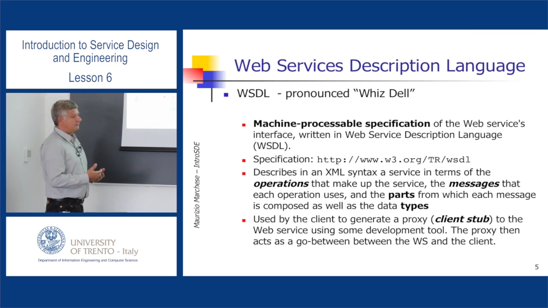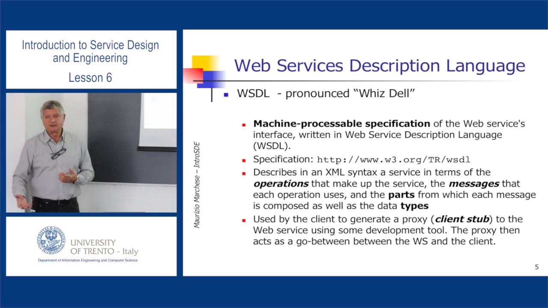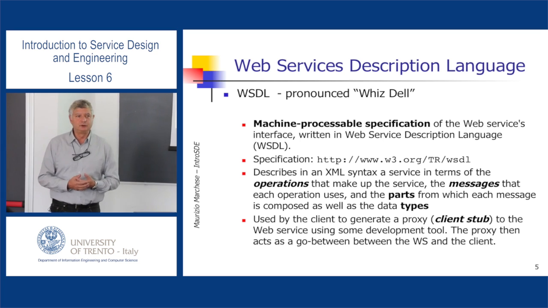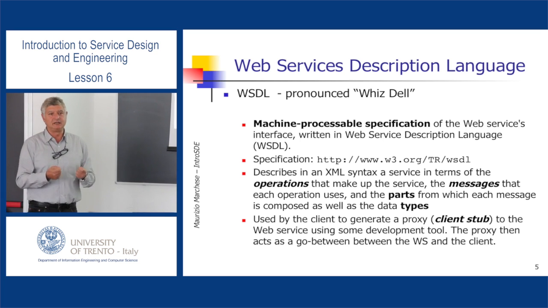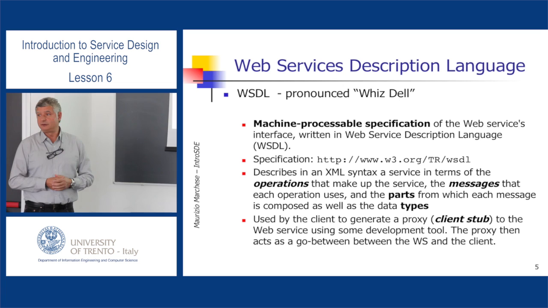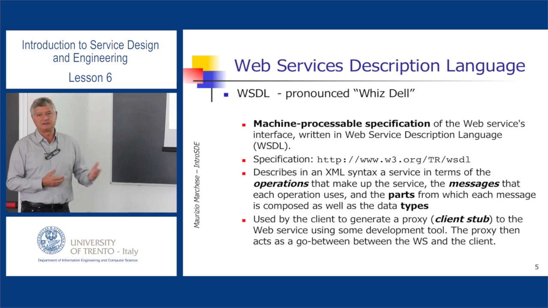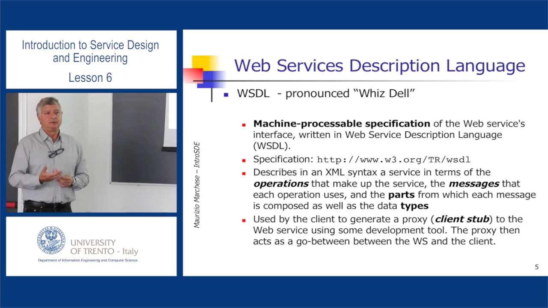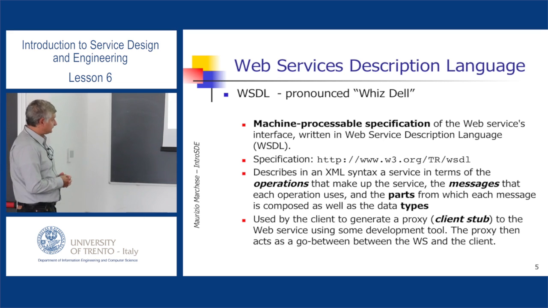It's clearly much more verbose than what we would use between humans, where we would probably need much less information. It's very verbose, as all these XML documents are, in order to be able to convey all the important information between machines.